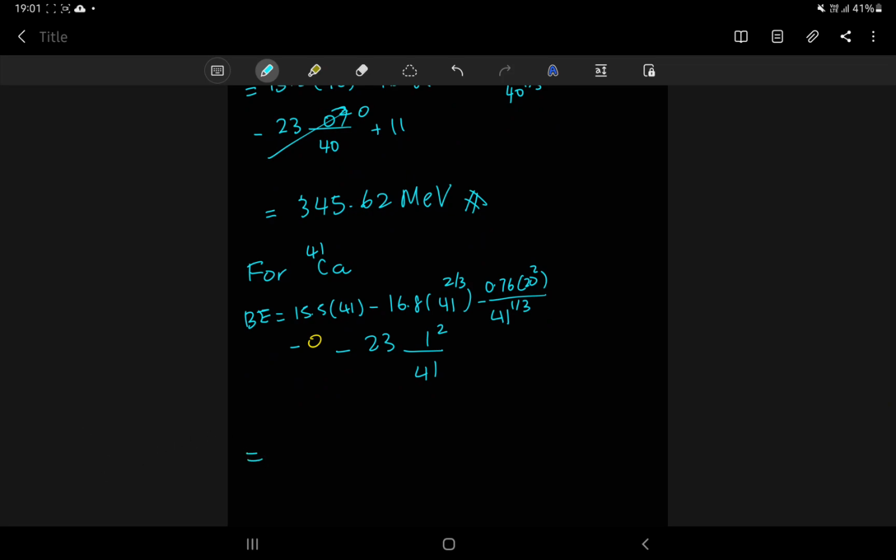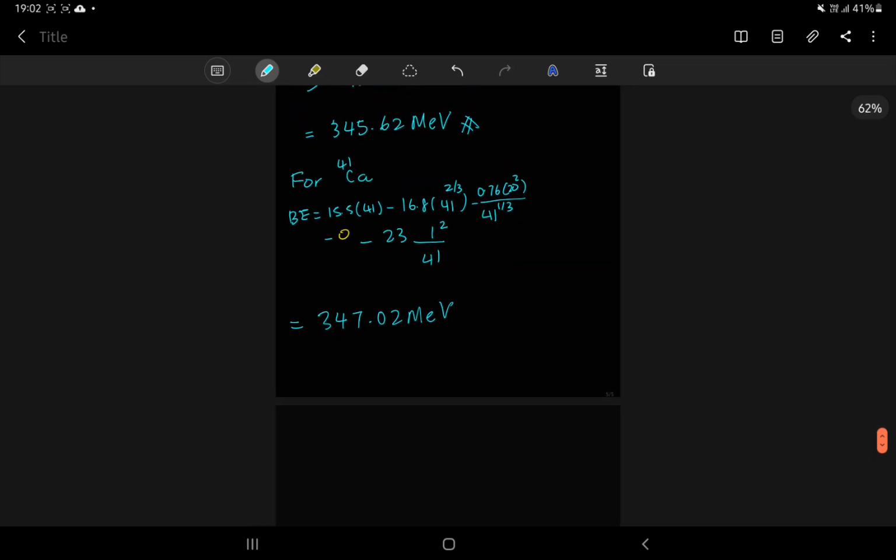So 15.5 times 41 minus 16.8 times 41 to the power of 2/3, minus 0.76 times 20 squared over 41 to the power of 1/3, minus 23 over 41. So we got approximately the same, 347.02 mega electron volt.